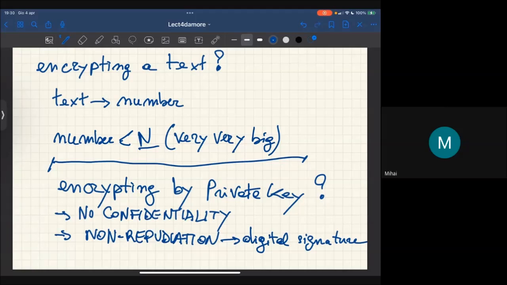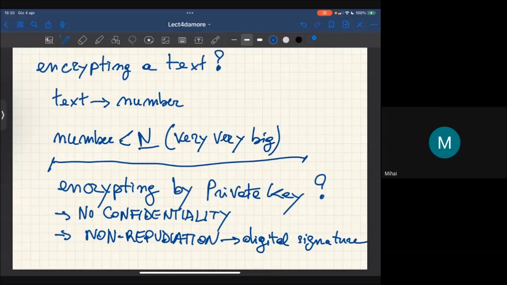Okay, non-repudiation means that we are... Do you remember when we started? We introduced the requirements of information security, and one of the possible requirements was non-repudiation.